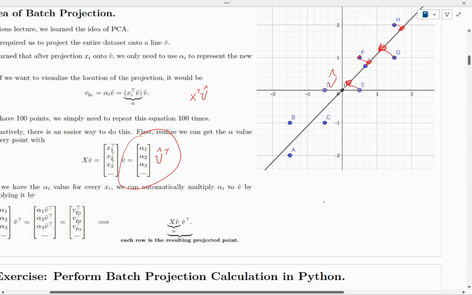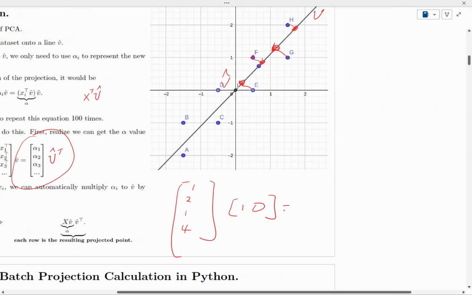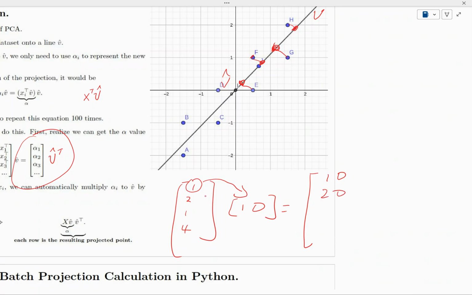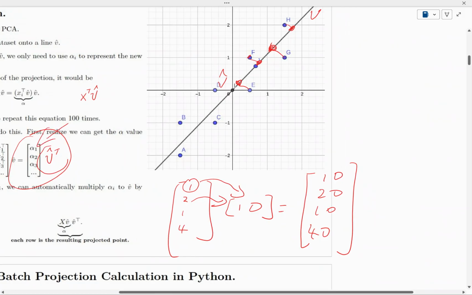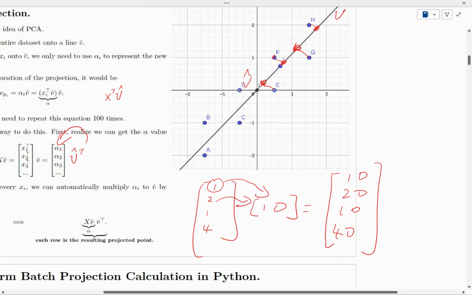You can kind of picture it: if v is 1, 0, and the distances are 1, 2, 1, 4, then this is equivalent to 1 multiplied by the direction 1, 0, 2 multiplied by 1, 0, and so on, giving 4, 0. Notice how when we multiply the vector alpha by v hat transpose, we automatically multiply v hat with all of them simultaneously.